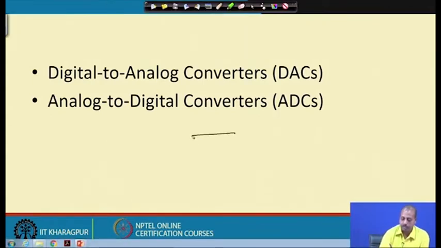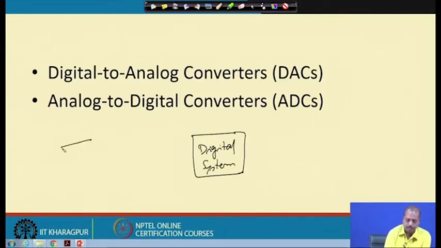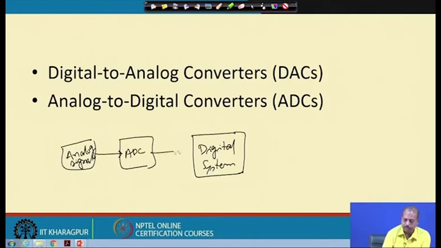This is the digital system that we have, and from the outside world we are getting the analog signal, and it passes through something called an analog to digital converter. This is the ADC, and this value is the digital value, and here we have the analog value.